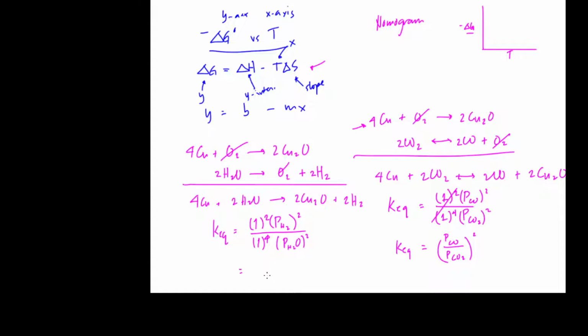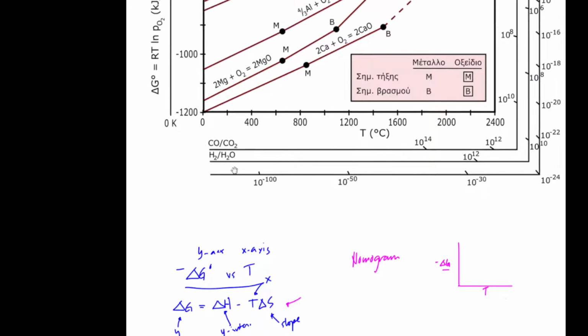We can simplify this to the pH2 over pH2O ratio. That's why, again, our nomogram has the H2-H2O ratio here.